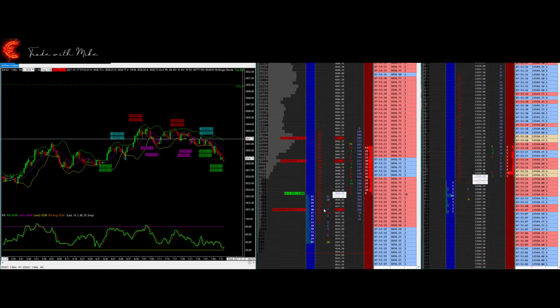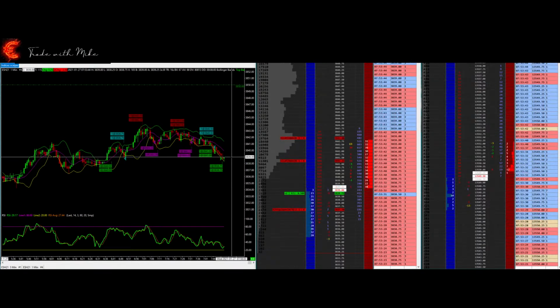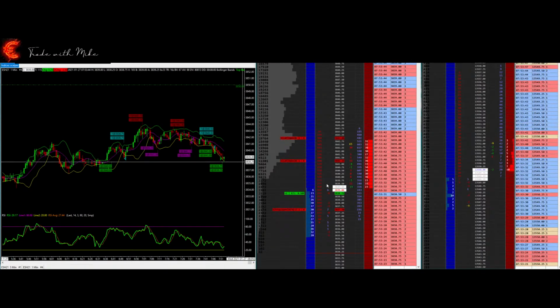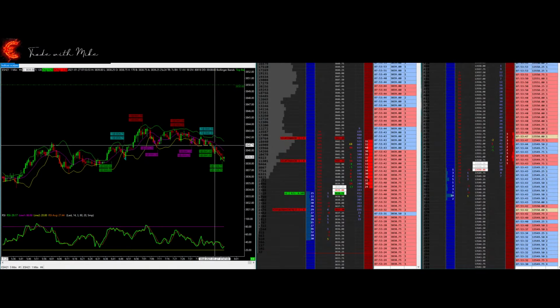If it doesn't, I'll take the hit. It won't really hurt me. But if it goes up, I will make enough money to cover my loss here, the 3 ticks, which is nothing. It's not a problem at all.